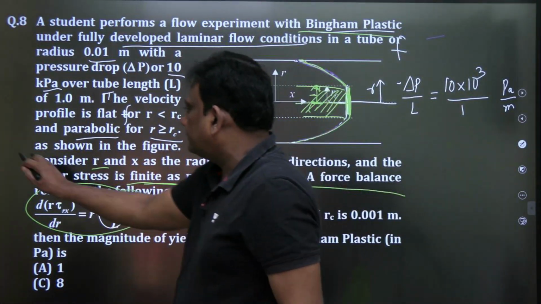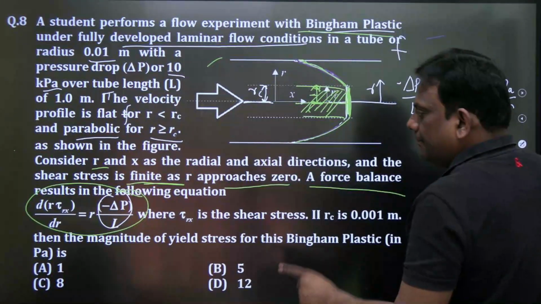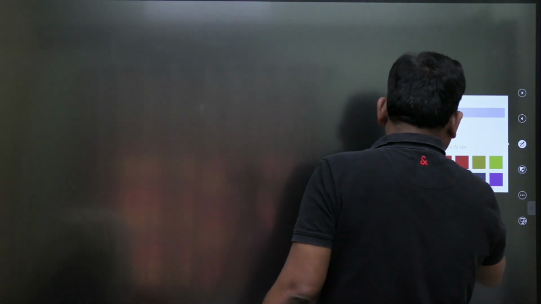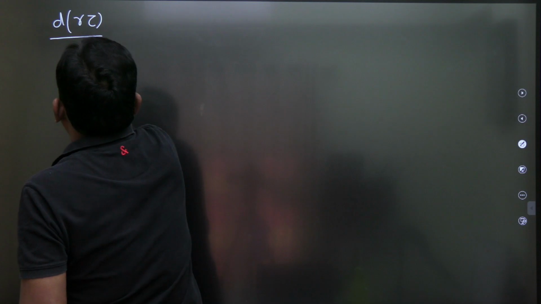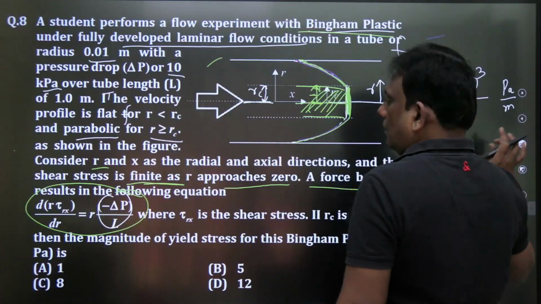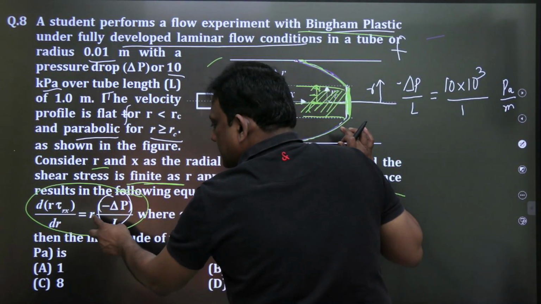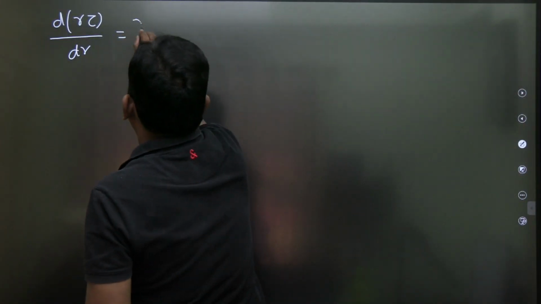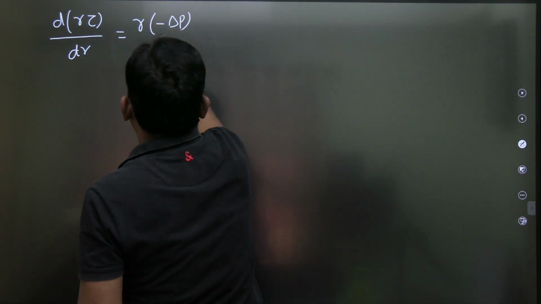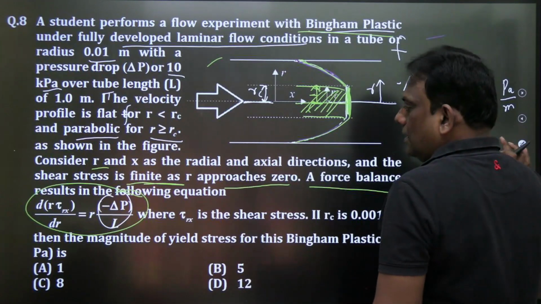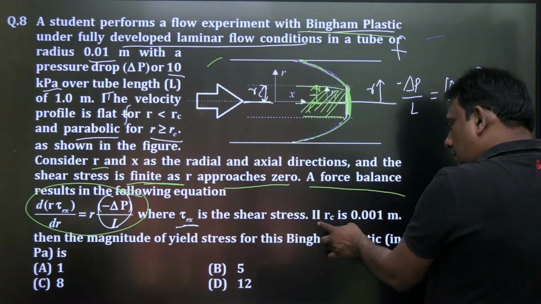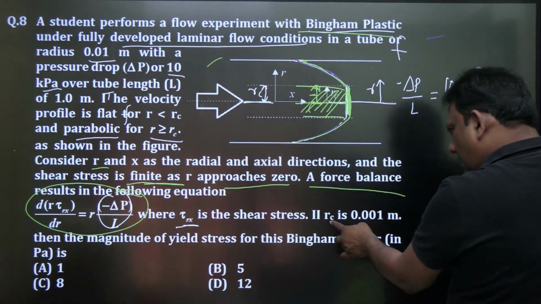The equation says d of r tau by dr is equal to r into minus dp by dl, which is r into minus delta p by l, where tau rx is the shear stress.